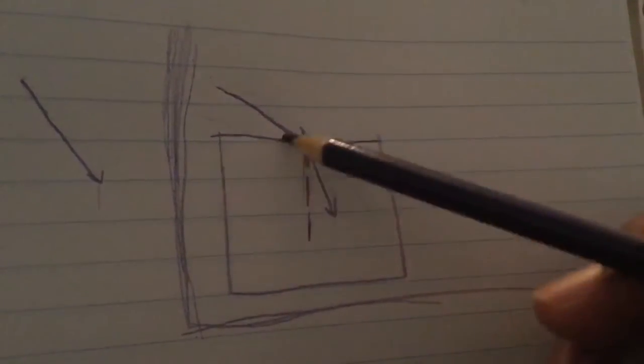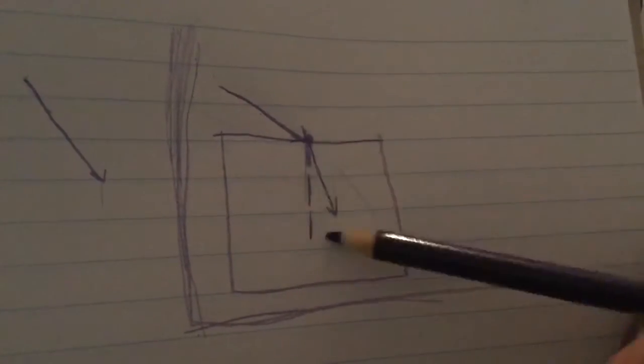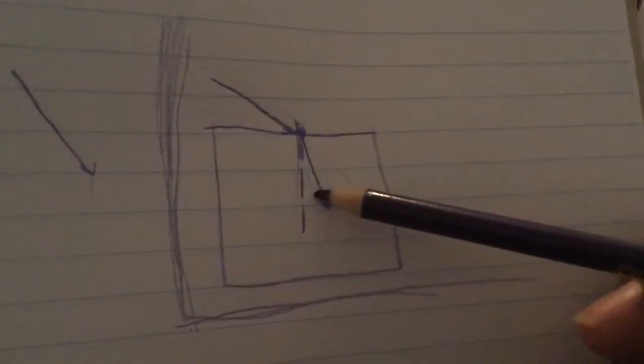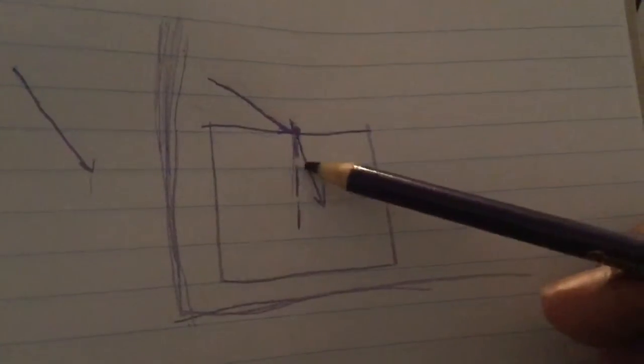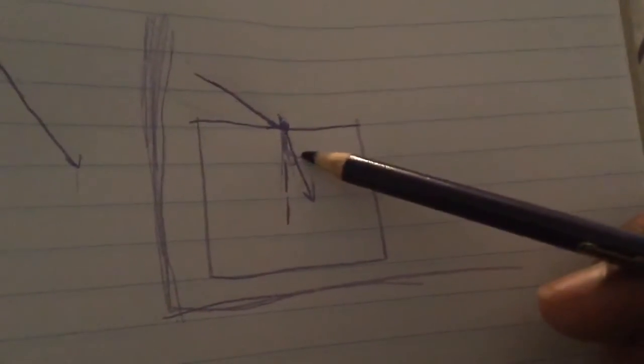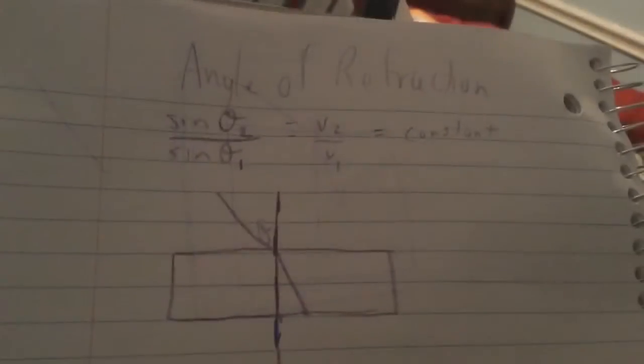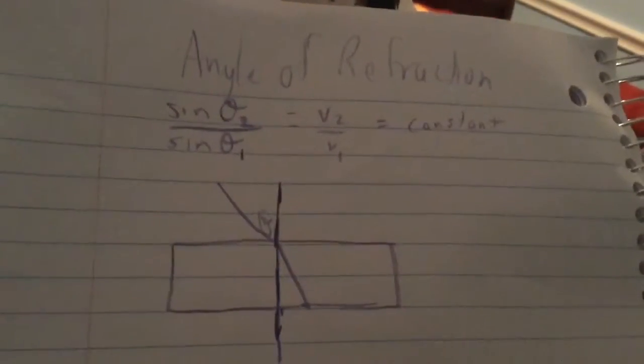Refraction is the bending of light from the first medium to the second medium with respect to the angle and the normal. As we can see here, as light enters this water, it bends with respect to this normal at an angle theta. Next thing we're talking about is the angle of refraction.